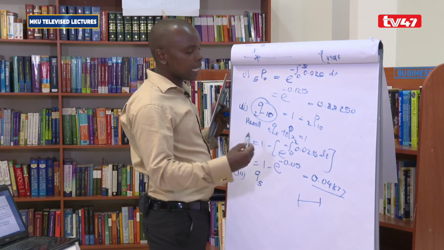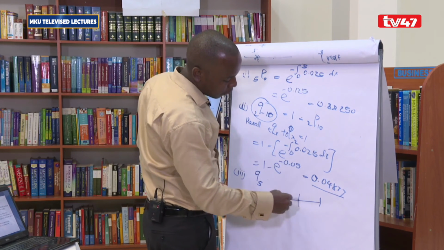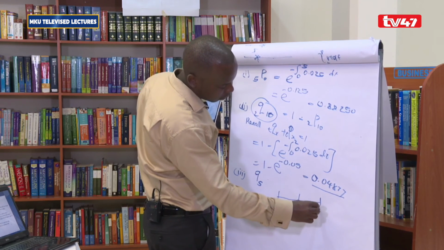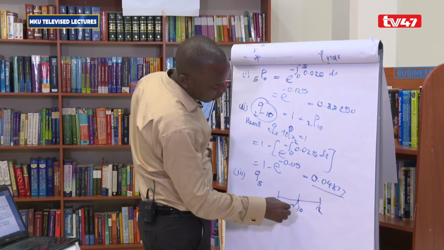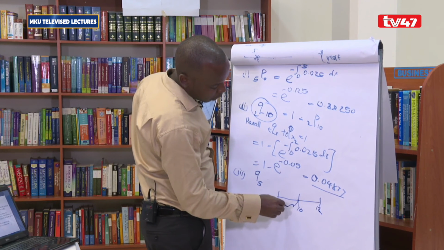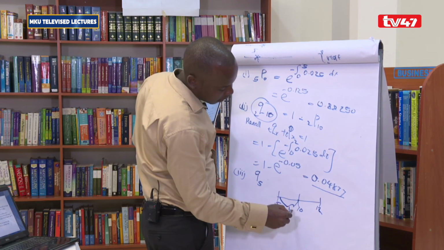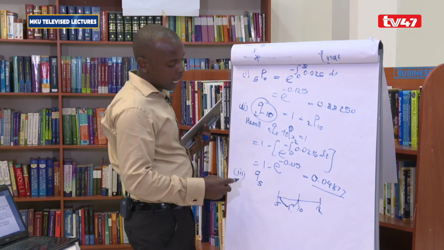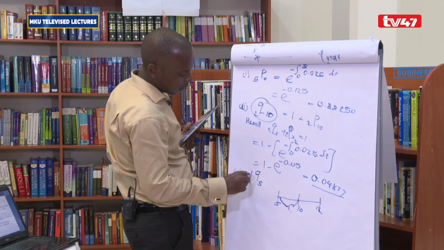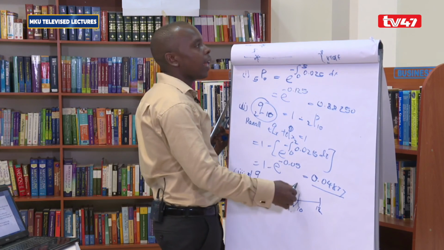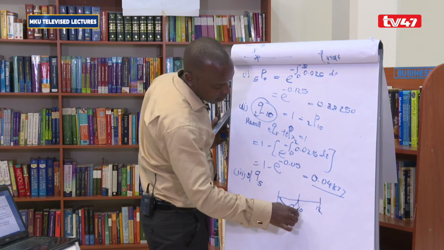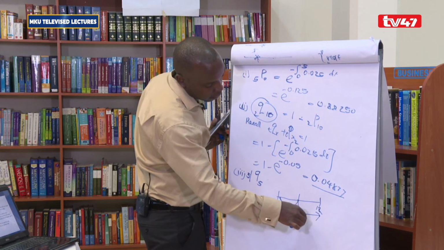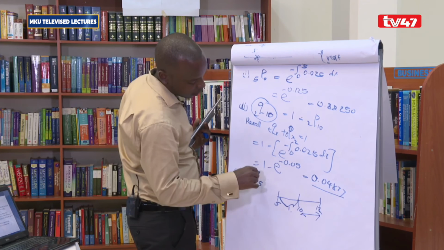And this is in the near future. So this is the life now. So this period between 5 and 10 is deferred. So we defer death for 5 years. Then the life will die in the next how many years? Between 10 and 12, 2 years.